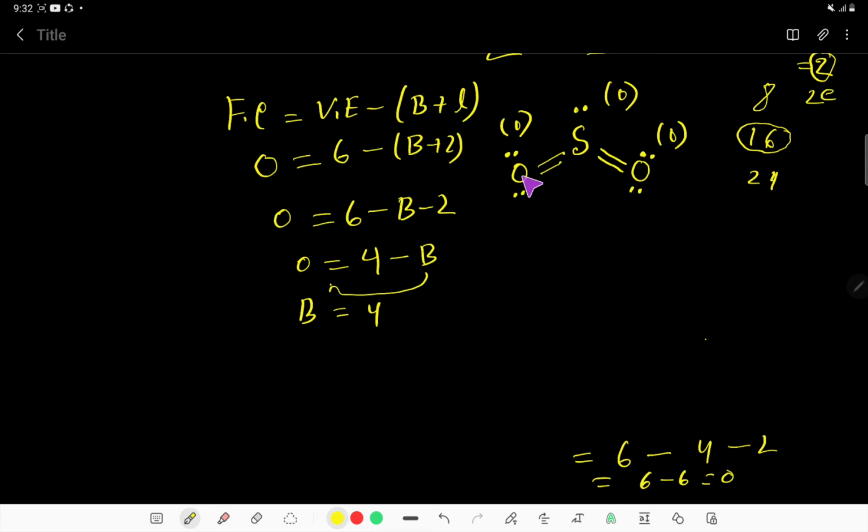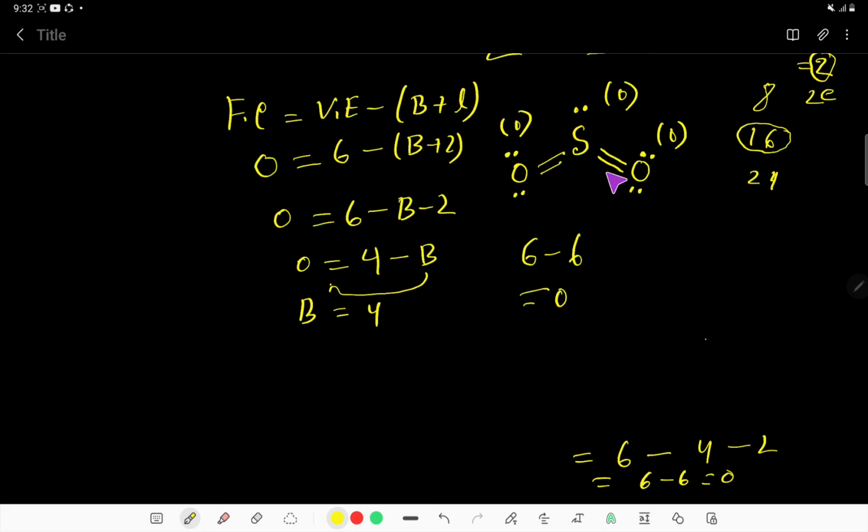You know that in a neutral atom of oxygen we have 6 valence electrons, but here we have 4 valence electrons, and we have to take half, 2, 4, and here we will consider half of 4, which is 2, so 2, 4, 6, 0, right?